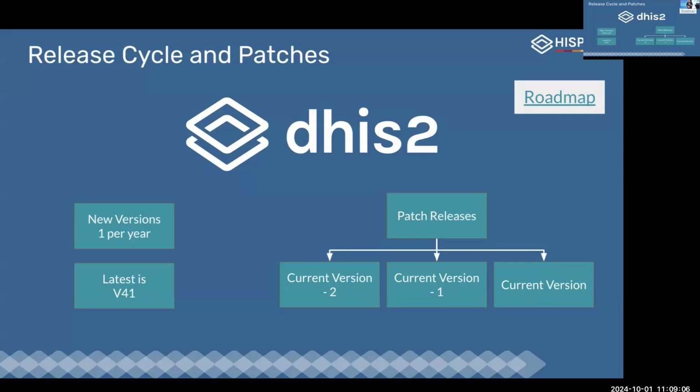So right now we're on version 41, so you'll see patches for version 39 as well as version 40 released in addition to version 41. Okay. So if you're on 38, you won't see any new patches. It doesn't mean it's not a useful version necessarily, but there won't be any security updates or bug fixes applied to that particular version. Okay. So that is the model we currently operate under in terms of our releases.